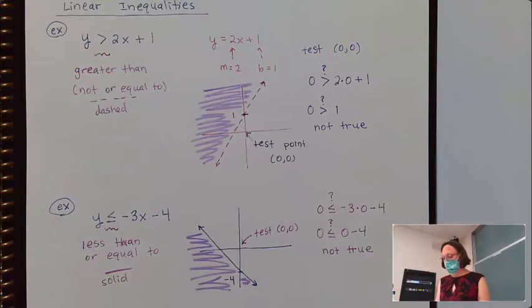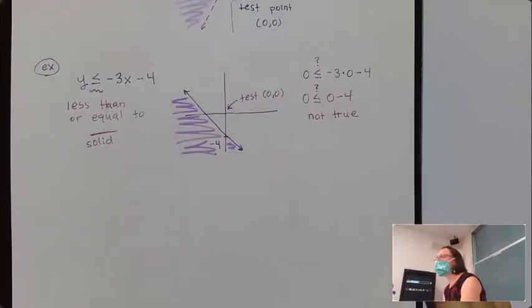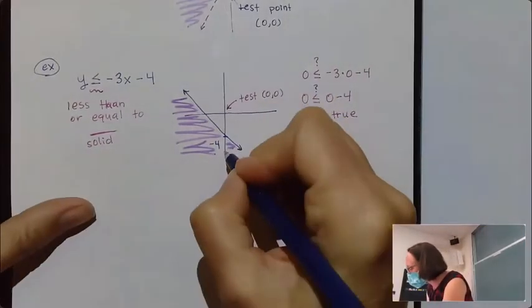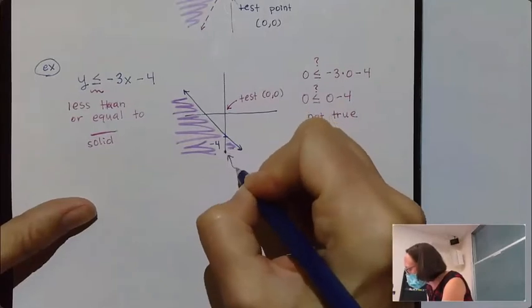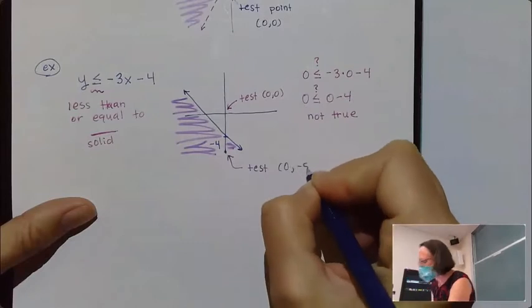By the way, just for fun, and just to show what happens if we had picked a point that did make it true. So let's say that I picked a different test point and I'm going to test 0, -5.